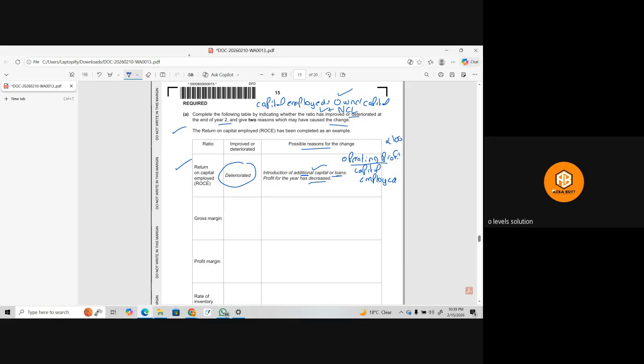It means that your operating profit has to be divided by the higher capital employed, and automatically your answer will be less. Secondly, if the operating profit is going lower, then the lower amount is spread over the higher amount of capital employed, so automatically your answer will be lower. So in these two conditions, the return on capital employed will decrease. Understood, Hamna? Yes.